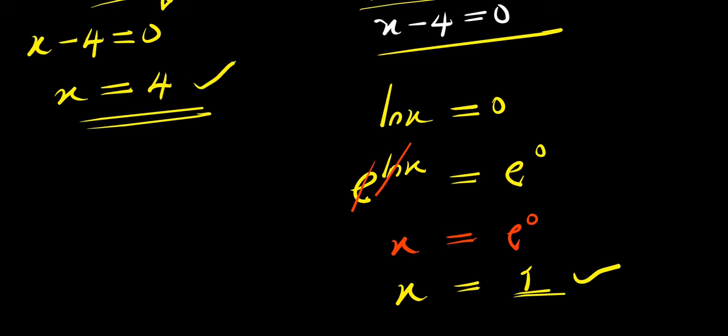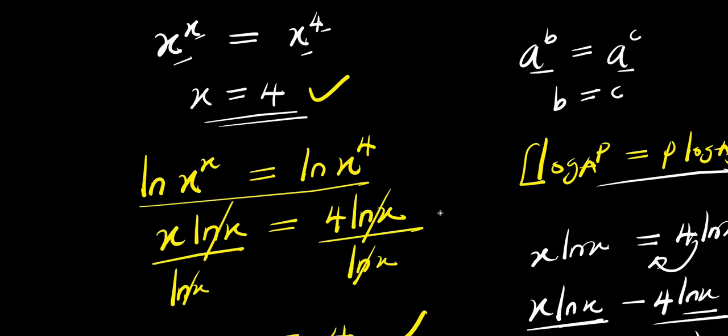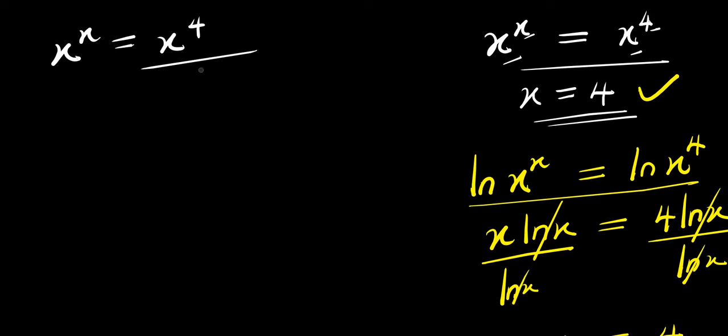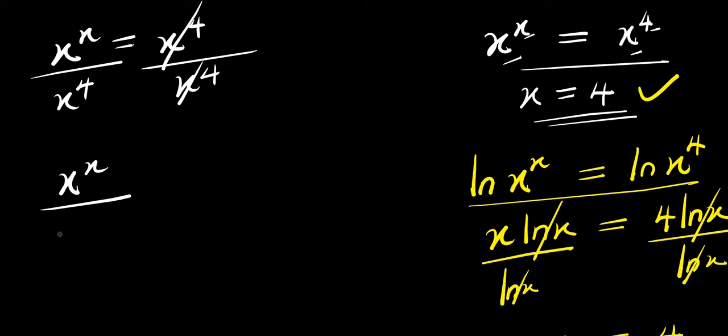That is interesting. Now, what we can do again is to solve this whole equation using this other method. I have x power x equals x power 4. I can divide this by x power 4. I divide this by x power 4. This eliminates this. I have x power x divided by x power 4 equals 1.